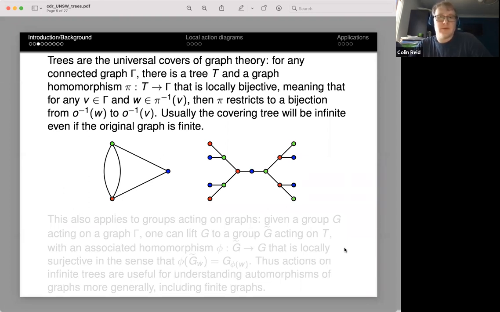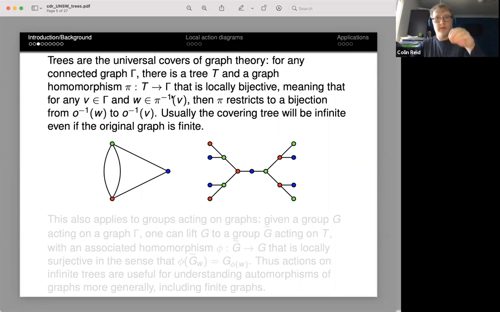The relationship between trees and graphs is that trees are the universal covers of graph theory. So if you have a connected graph, then there's a tree that maps onto it in a locally bijective way.